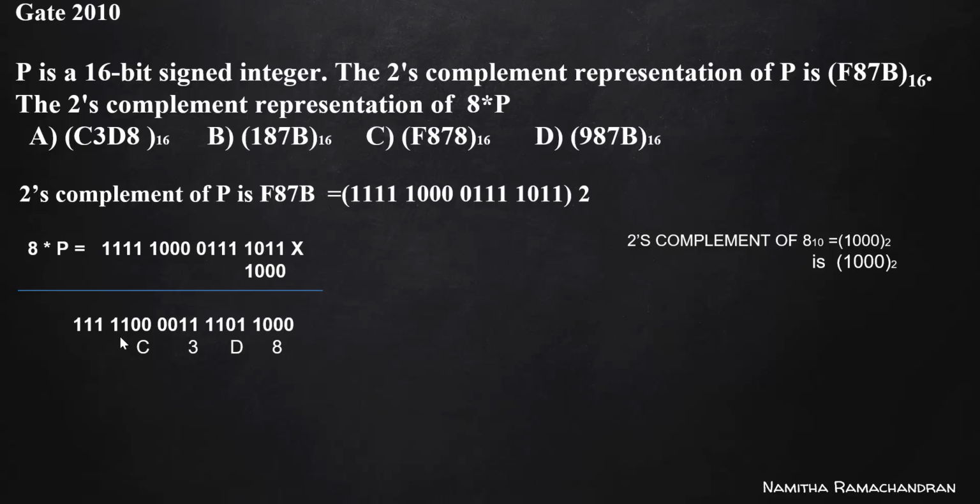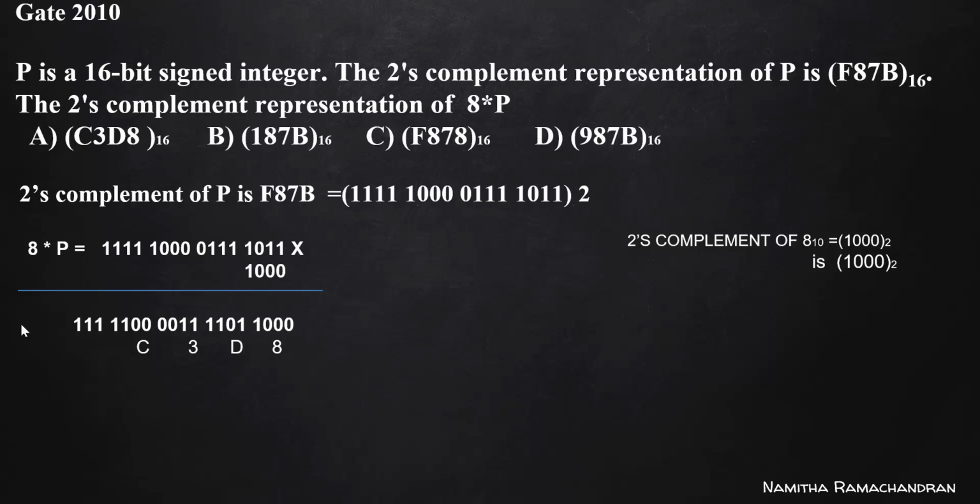So we need to remember one point. In 2's complement representation, if the MSB bit is 1, then we can append any number of 1s to the left hand. It will not change the value of that number. Similarly, in a 2's complement representation, if the MSB bit is 0, then we can append any number of 0 to the left hand.